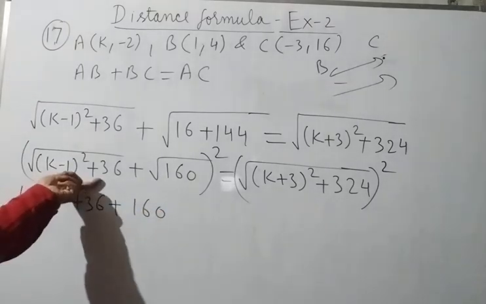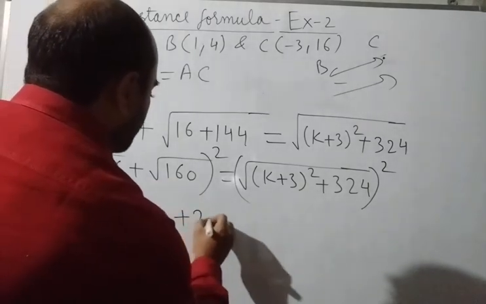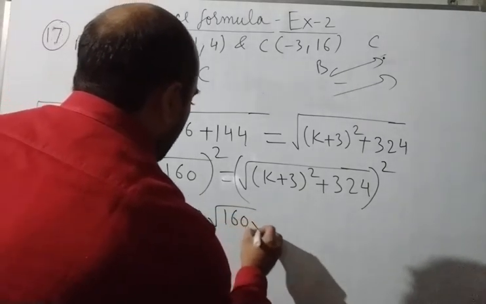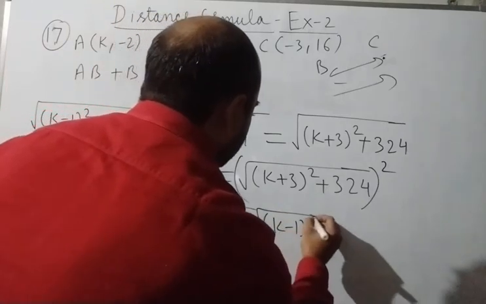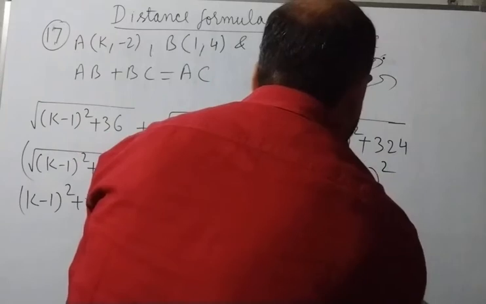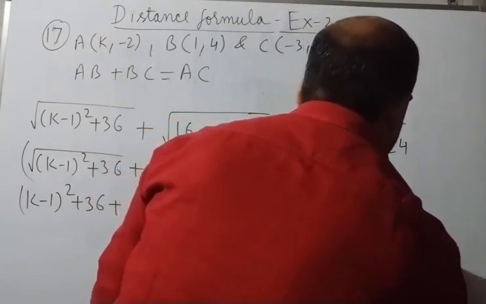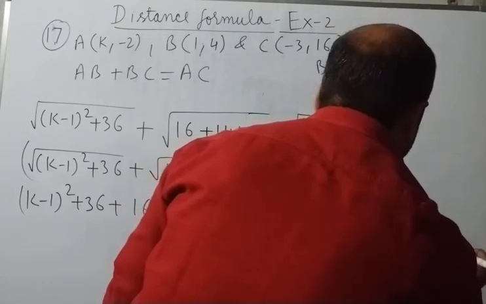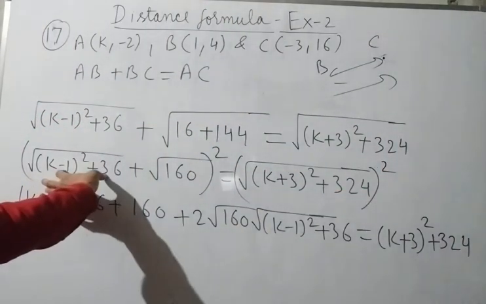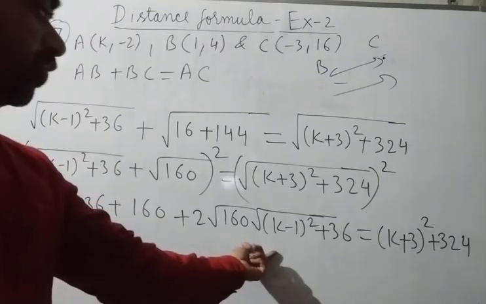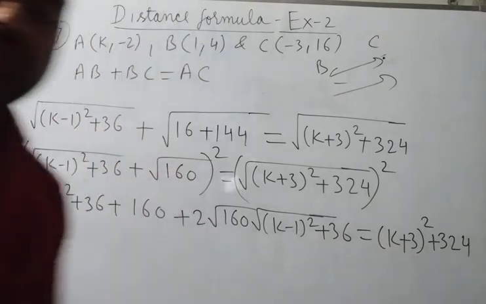The square root vanished for a, the square root vanished for b, then plus 2ab, that is the square root of (k minus 1) whole square plus 36, and here the square root is left, correct. Here the square is vanished.